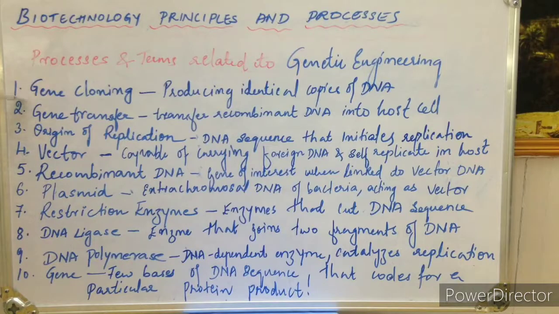Since for the gene of interest to be multiplied in the host organism and to be carried into the host organism, we need a vector DNA, right? So linking of this gene of interest and the vector DNA together is known as recombinant DNA.